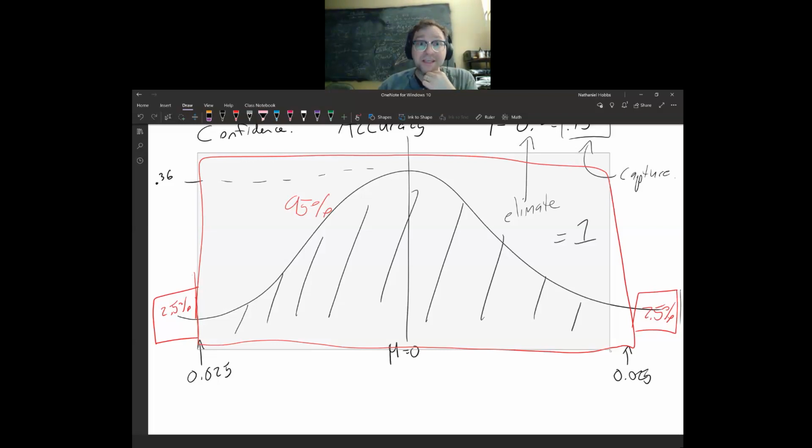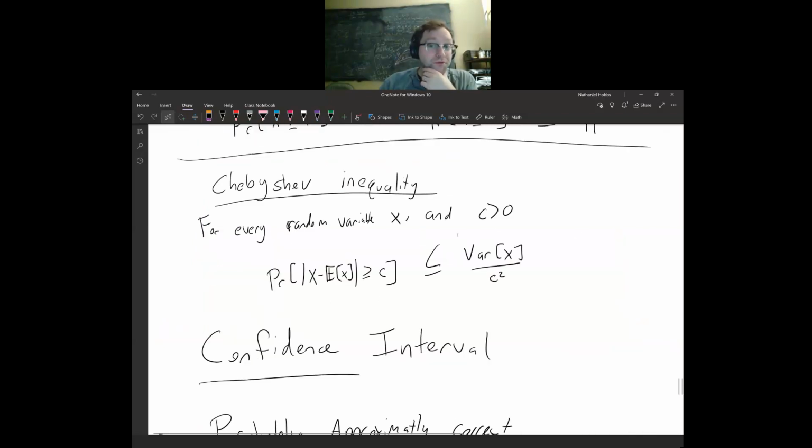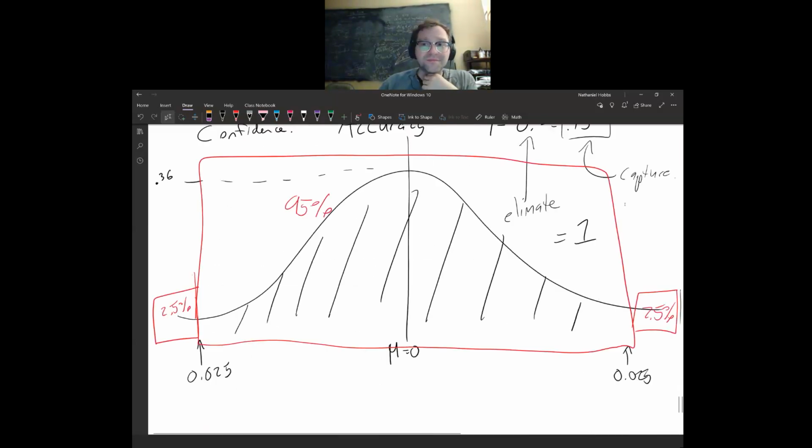Why 3 standard deviations? Well, a standard deviation is the square root of the variance. So 3 standard deviations would be 9 times the variance, and you can work out with this. Here you make the expectation of x equal to 0. You can make the variance equal to 1, and figure out what the variance needs to be to make this be 95%.